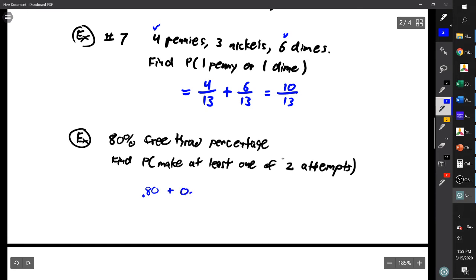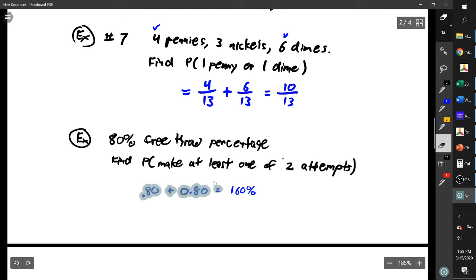And then there's an 80% chance that the person makes the second free throw. Therefore, there's a 160% chance that they make either the first or the second. That shouldn't seem right, because the probability of 100% is certain. Probability of anything over 1 or over 100% is nonsense.